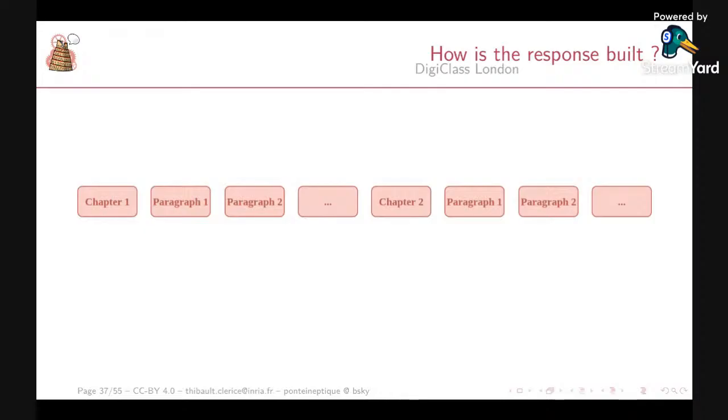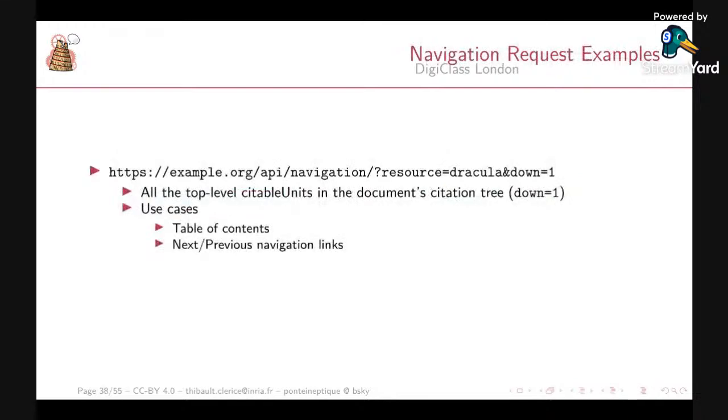Instead of giving you all the chapters and then all the paragraphs, it will give you chapter 1, paragraph 1 of chapter 1, paragraph 2 of chapter 1, etc., chapter 2, paragraph 1 of chapter 2, etc. So very important warning, because it's a decision. It's not very complicated per se, but it's something that is important to know when you're dealing with the DTS API.